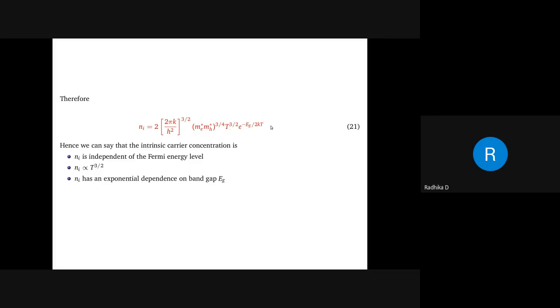Another thing, it is dependent on band gap energy. How is it dependent? It is an exponential dependence. So these three are very important aspects which you have got from this expression for ni, the intrinsic carrier concentration.